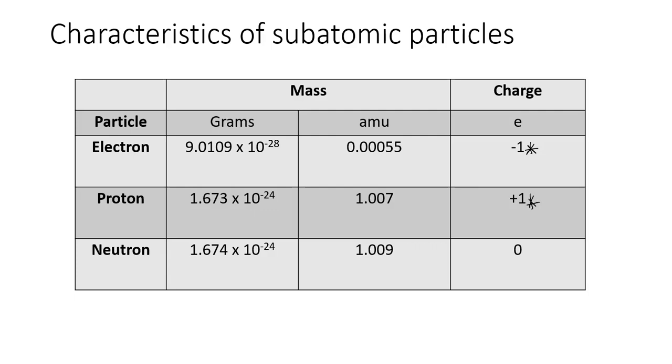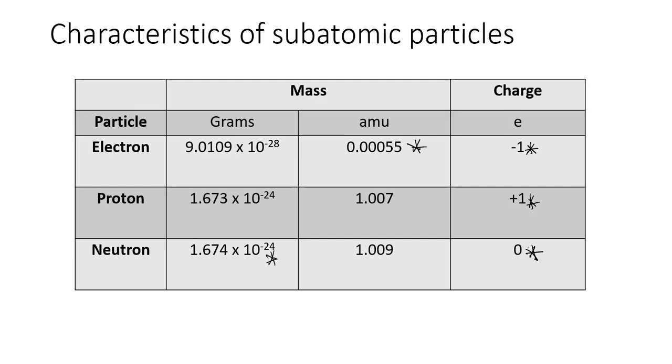A neutron has similar mass to a proton with only a slight difference. So you can see here, a neutron is also 1 atomic mass unit, but the neutron is not charged. So a neutron has no charge.